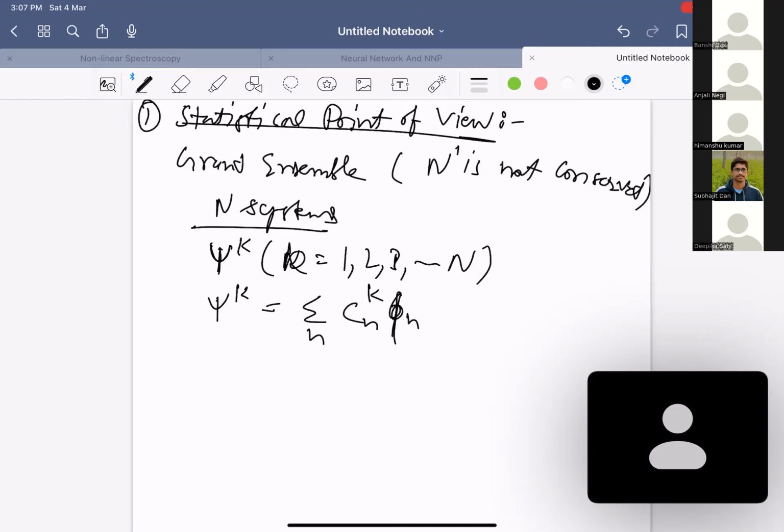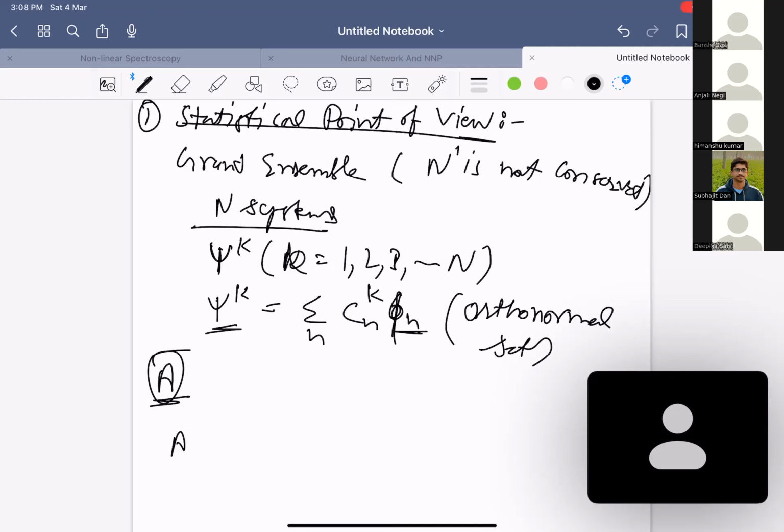For simplicity, we assume that these phi n are independent and not vectors, so they are spin free.